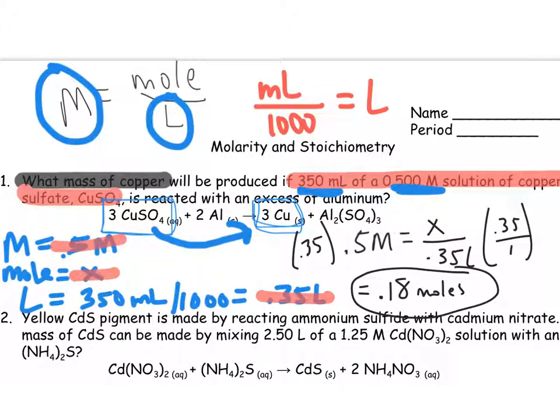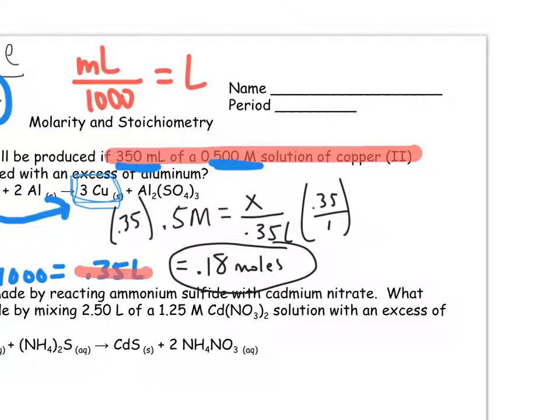So what that tells me is that all these numbers are based off of copper sulfate, copper(II) sulfate. So what I can do is now convert those moles of CuSO4 to copper.